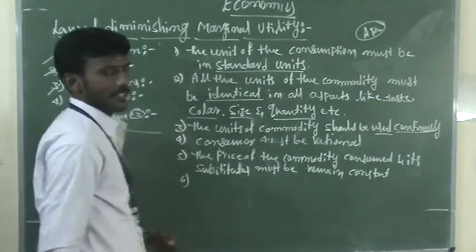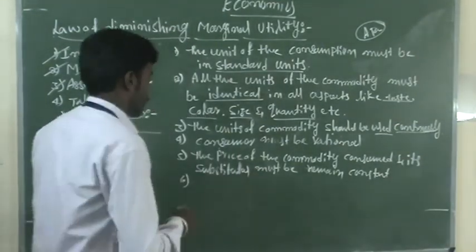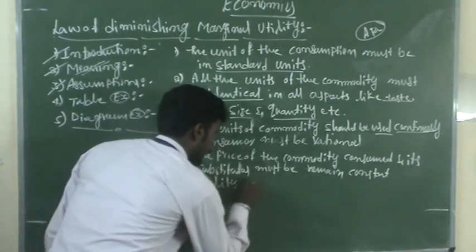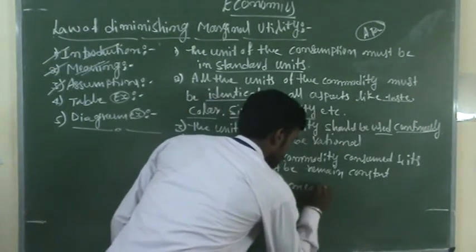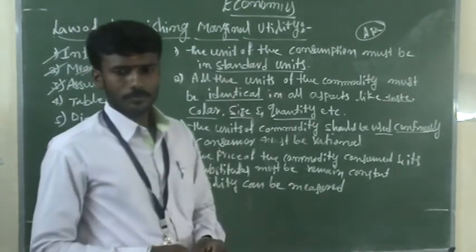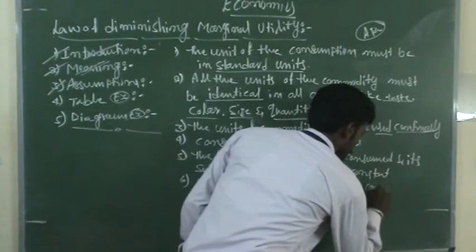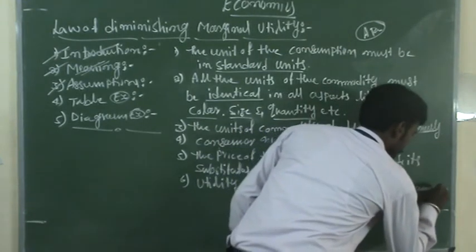Now comes the sixth one: utility can be measured in cardinal numbers.